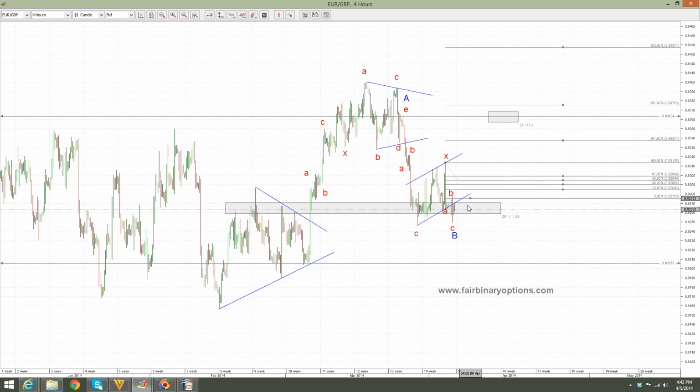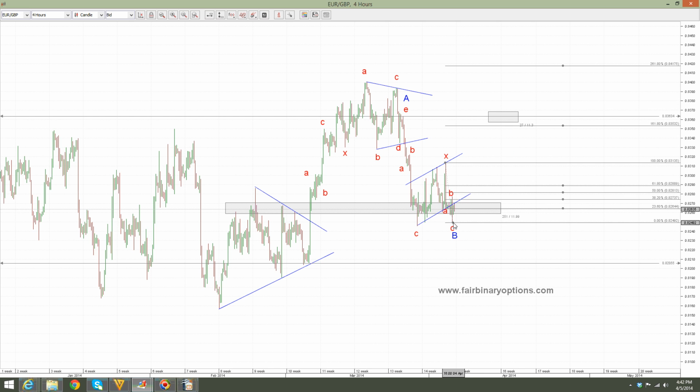So you just take a Fibonacci retracement, and your targets to the upside, if you are trading the regular spot market, should be 80% here, or even most of the times 100%.